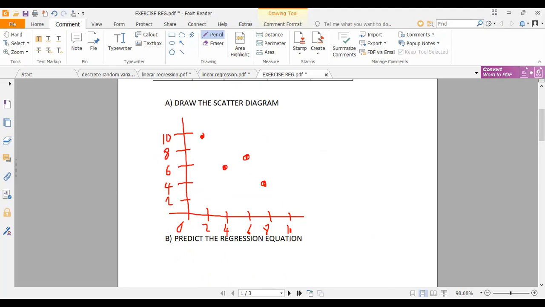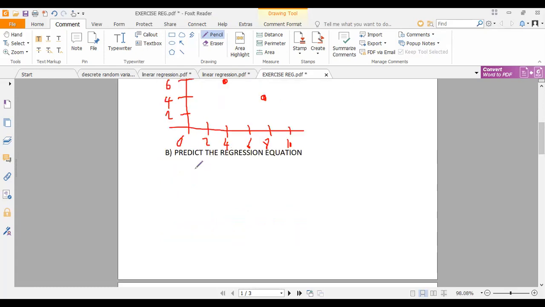Okay, who can remember the regression formula? Y is equal to what? A plus BX. Okay.